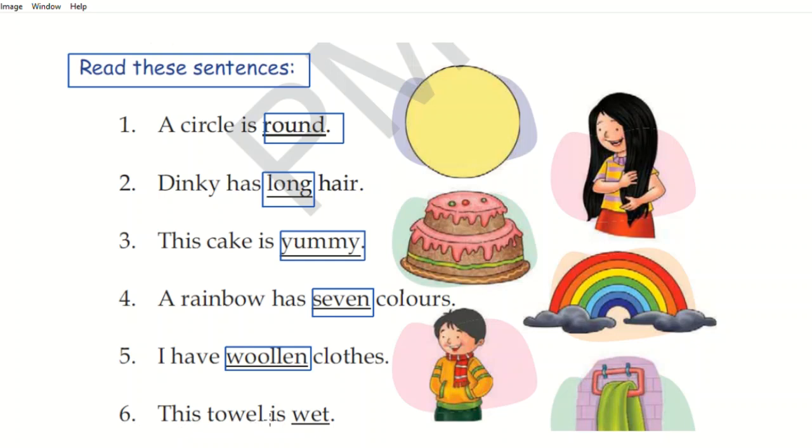This towel is wet. Now here towel is the naming word or noun and the word wet is describing it. So in this sentence, wet is the describing word.